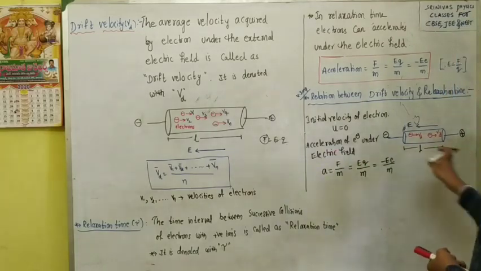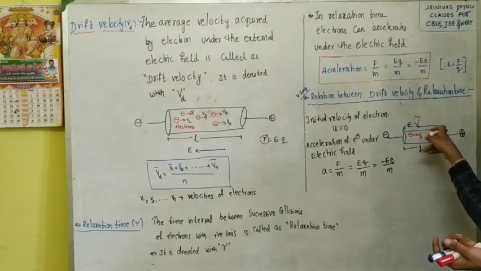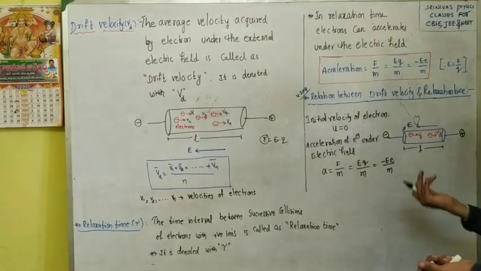The electron is accelerating because its speed is increasing. Why is the speed increasing? Because a force is acting. Why is a force acting? Because this conductor is in an electric field, so an electric force will act.